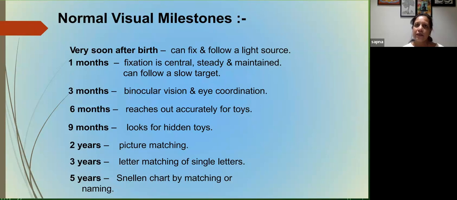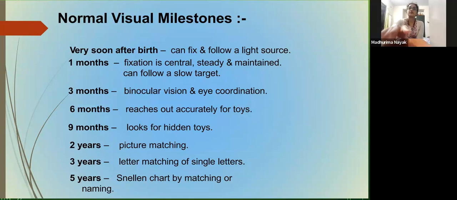So if there is a redirectional movement of the eye, it means that there wasn't anything before, and now it has been created by the prism. But if there is, I'll tell you that later.